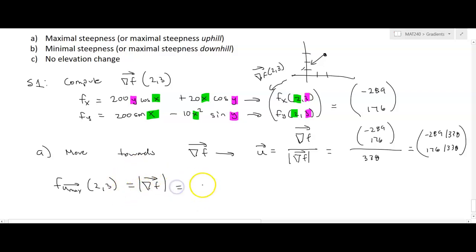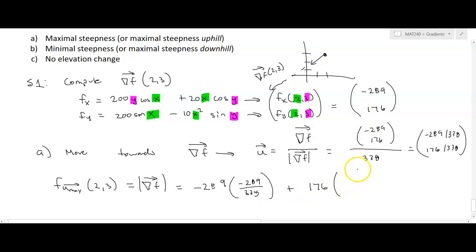But let's do this by taking the partials, negative 289 times how far we travel in the x direction. We're actually going to lose elevation if we travel in the positive x direction. So what are we going to do? We're going to travel opposite that direction, so instead of a negative term, we make it a positive term. Plus, we gain 176 feet of elevation per 1 unit traveling north.